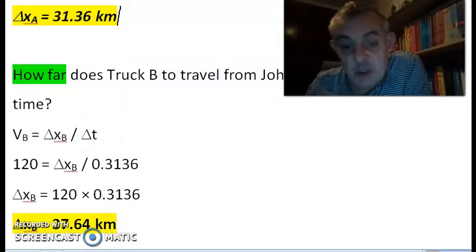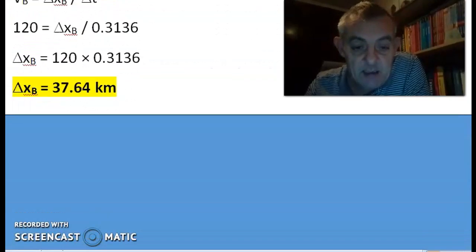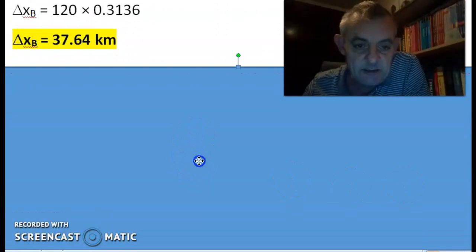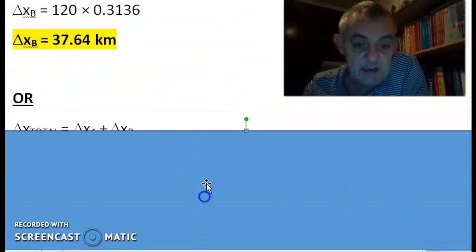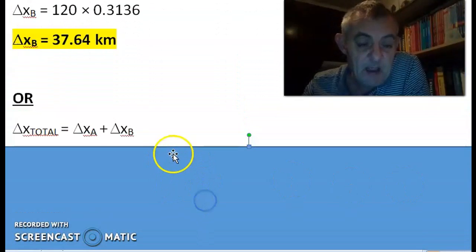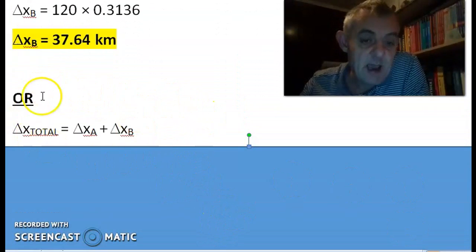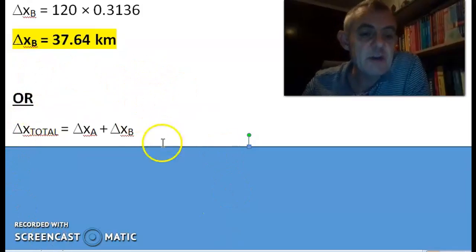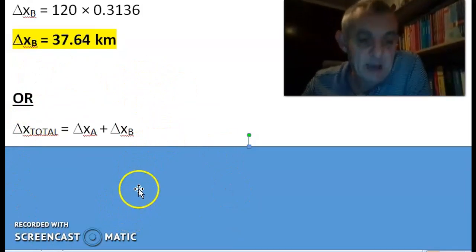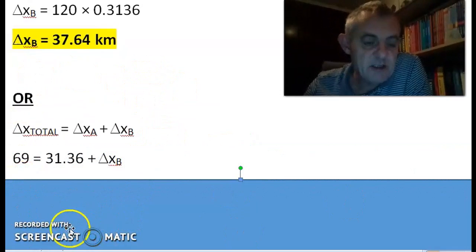Now, of course, there is a shorter way to do this. If we know that the total distance is 69 kilometers, then the distance traveled by truck A and truck B should add up to 69 kilometers. Okay, so let's check. 69, there we go.